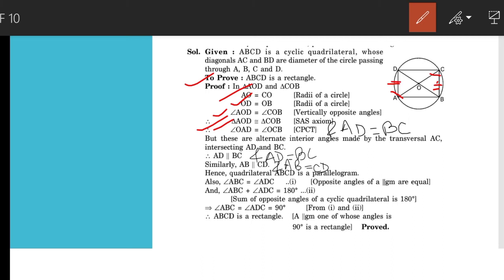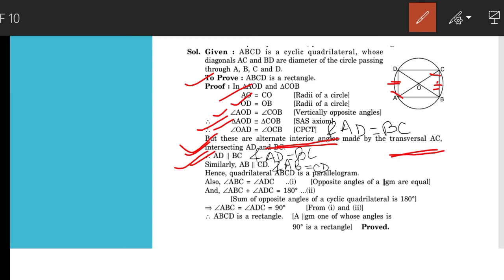Now, these two angles OAD and OCB are alternate interior angles made by the transversal AC intersecting AD and BC. So we can say that AD is parallel to BC. And we have already said that AD is equal to BC. So we can prove easily that ABCD is a parallelogram.